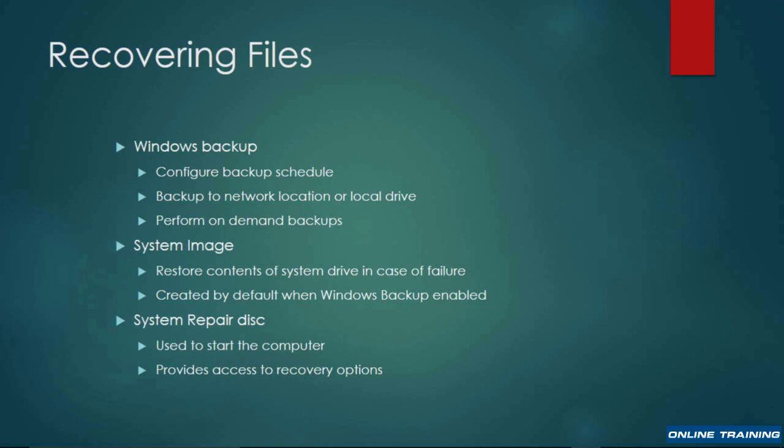You can also make a system repair disk with the Windows Backup utility. That's a disk that is going to be used to start the computer, so long as you have a DVD burner attached to the PC. It gives access to recovery options. Now, in a business environment, that's not really required because I can get a hold of the Windows 10 media, I can boot the system to that media, and then I'll have access to the recovery options.